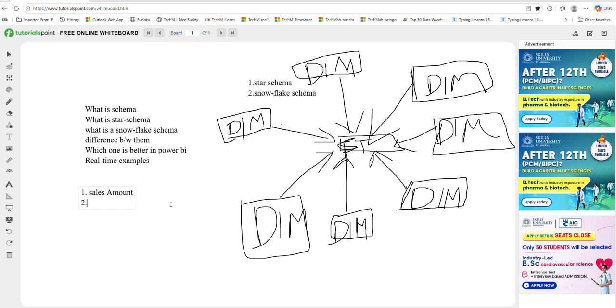Second one is quantity. Third one we can take like profit. And fourth one, product ID.